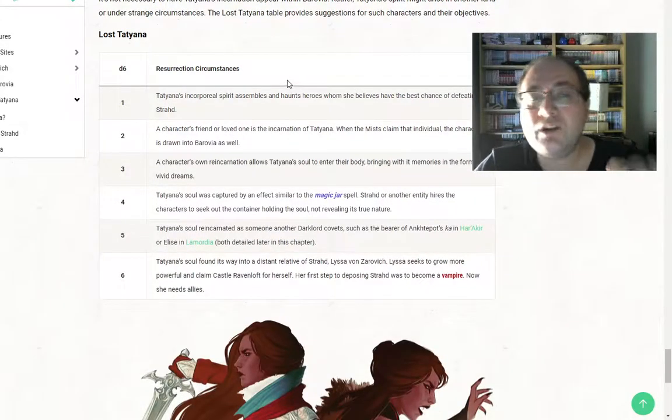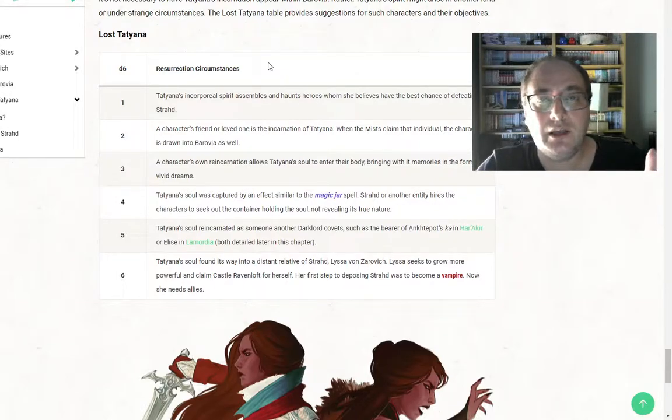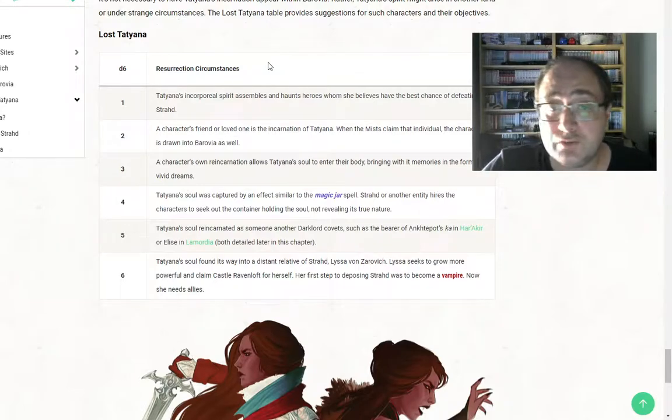Or what if the incarnation of Strahd's lost love is not even in Barovia? What if she's in another domain? And now Strahd is sending his agents into other domains to find her. That could be a really cool twist on Curse of Strahd.